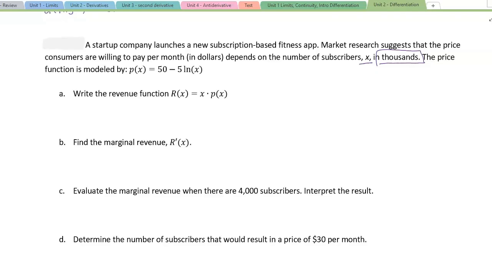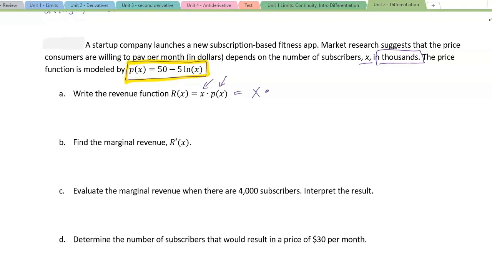The first question says to write the revenue function, X times P of X. The P of X is the price. So to figure out how much revenue we're going to get, how much money we're going to take in, we need the number of items we sell times the price. So this will be X times P of X. Well, we already have our P of X function right here.